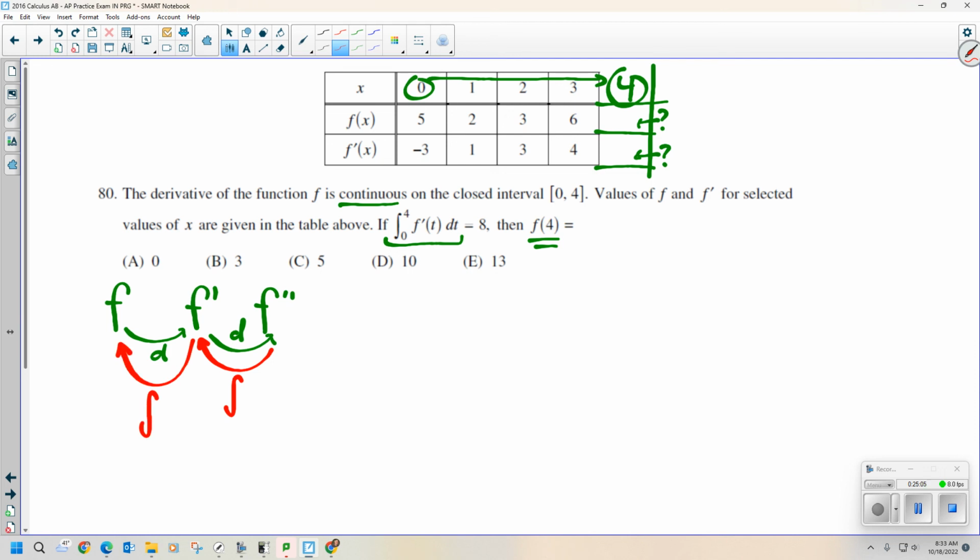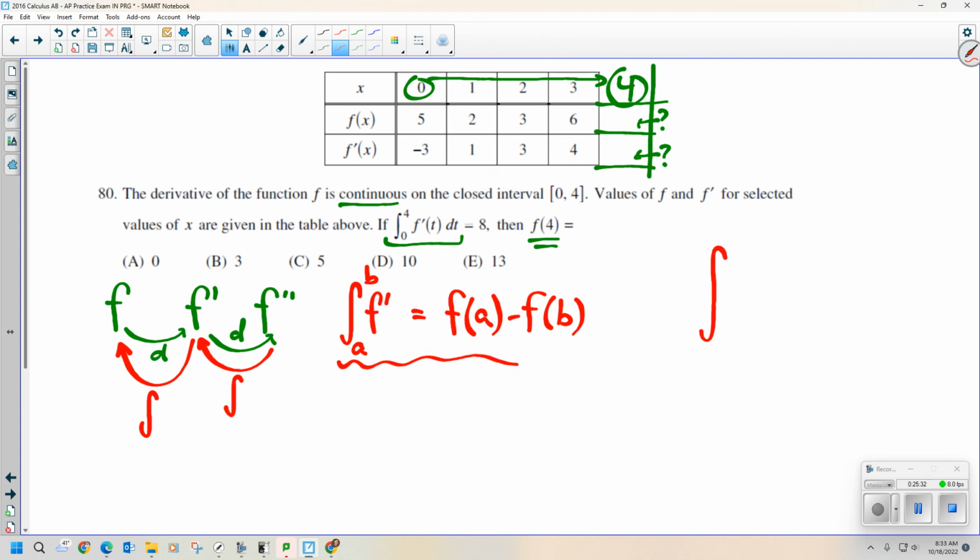If I integrate the derivative of f, that's going to give me the original function. And if I have bounds, let's call them a and b, that's going to give me f of b minus f of a. In your calculus books, you're going to see a theorem that makes common sense if you understand bounds, what I just wrote here in red.